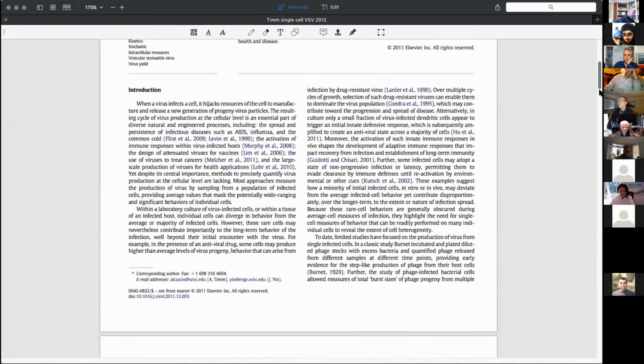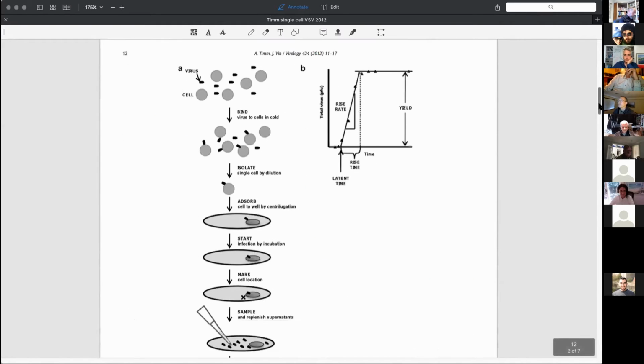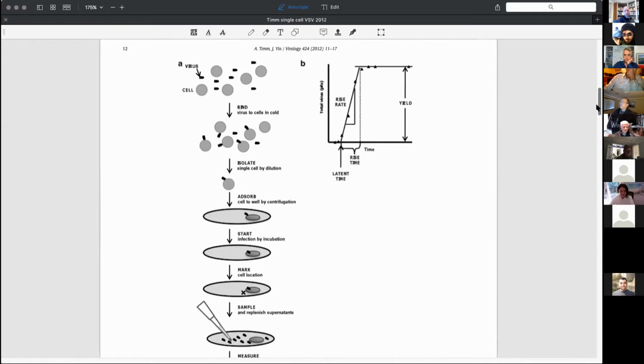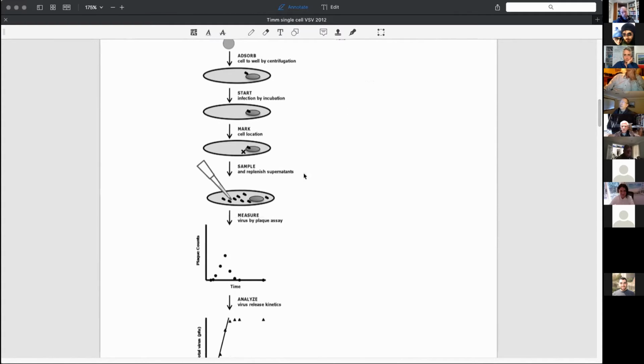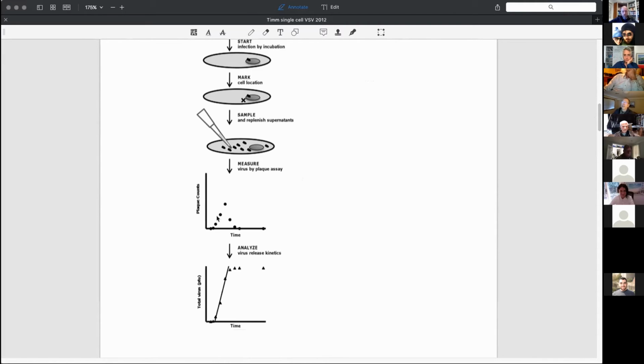This is the experimental setup in A. You make sure you have high multiplicity, so every cell is essentially infected. You dilute down, then you look for individual cells in individual wells, and then you sample and replenish supernatants, and you generate plaque counts as a function of time from individual cells, and essentially integrating the counts.